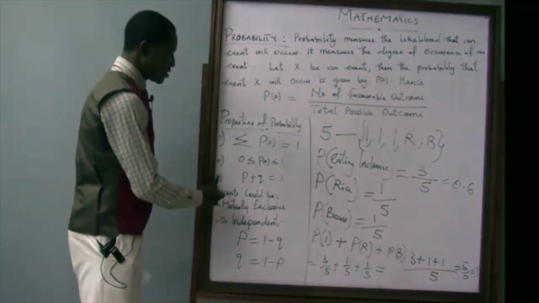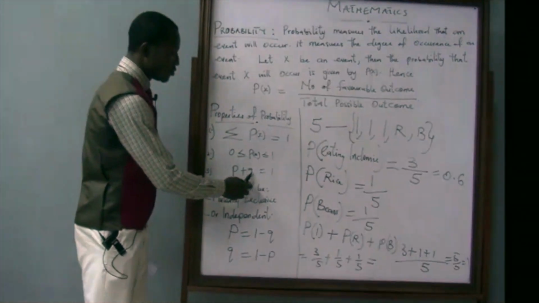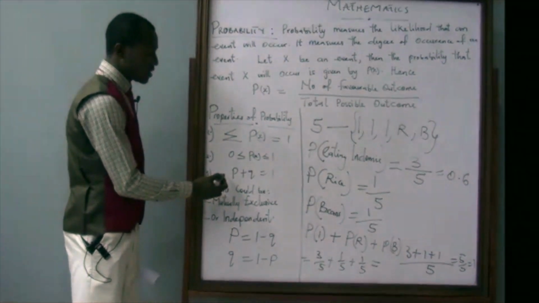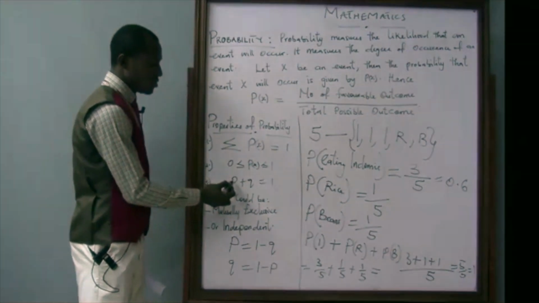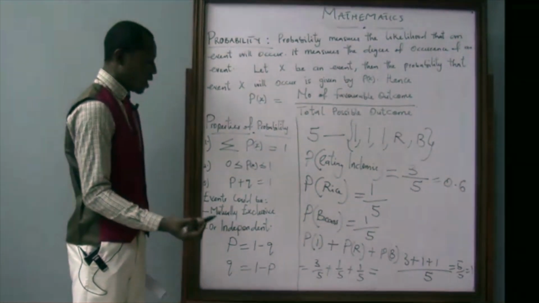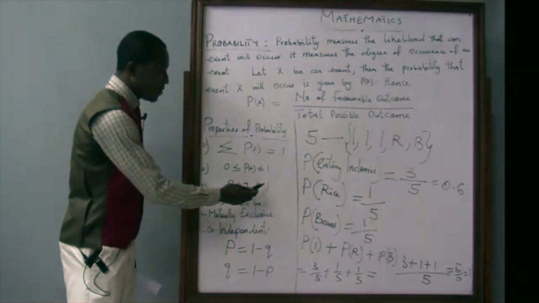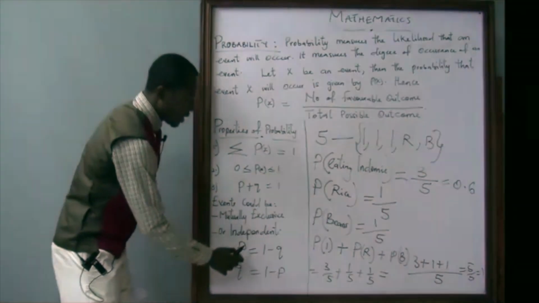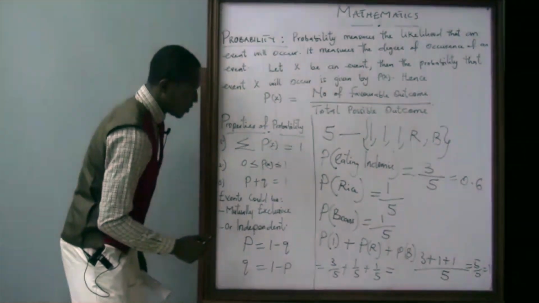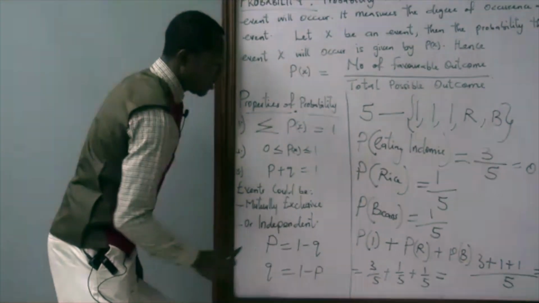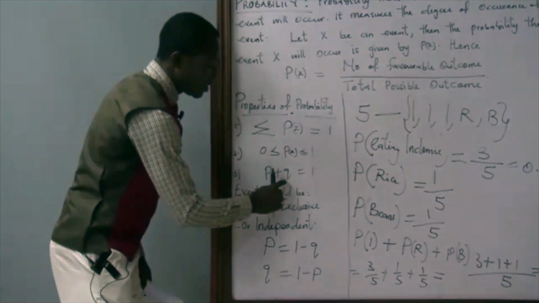The third one, like I was saying, P plus Q equals 1. So P is the probability of success, that is the probability that the event will happen. And Q represents the probability that the event will not occur, will not happen. So if I'm interested in knowing the probability that the event will happen, then I could extend this equation: take Q out of this side to the other side.